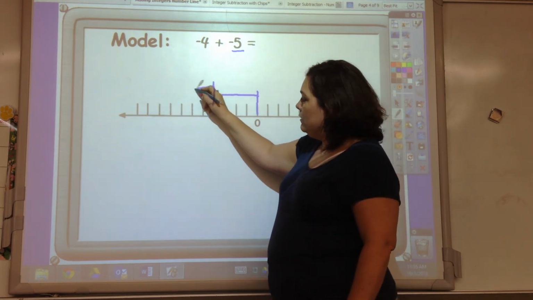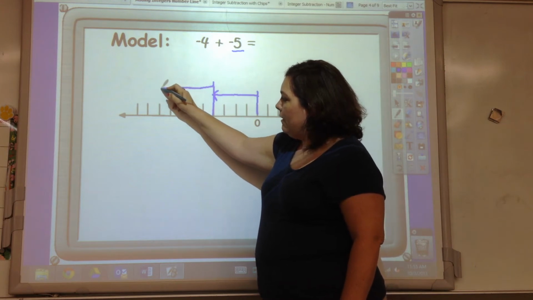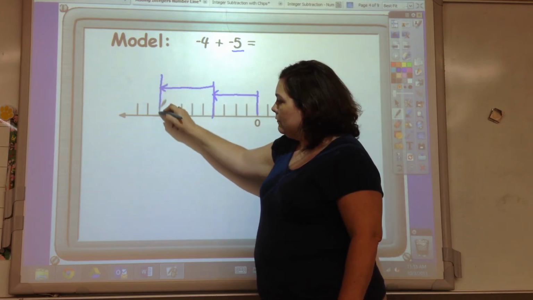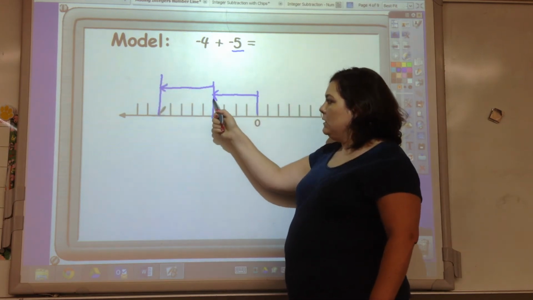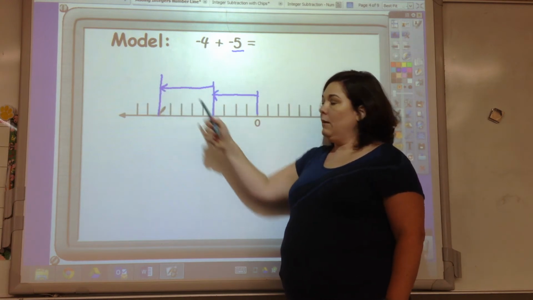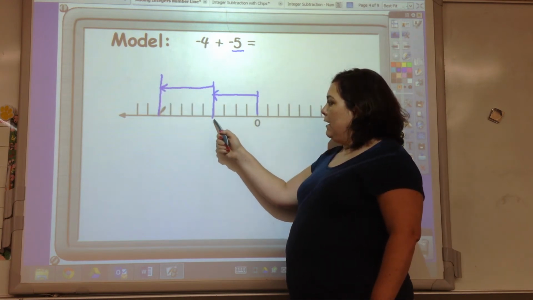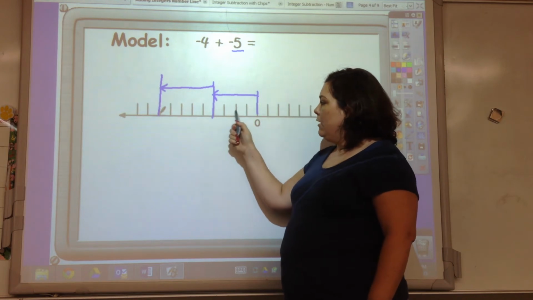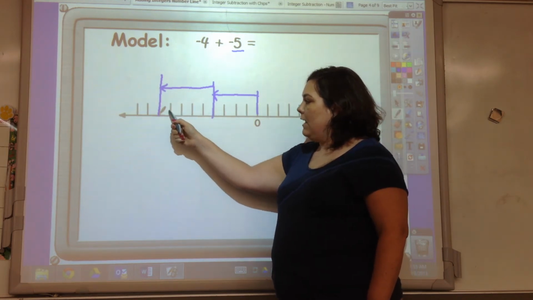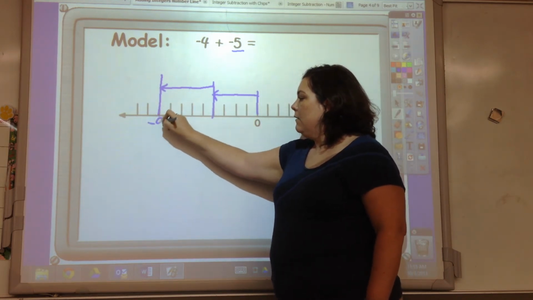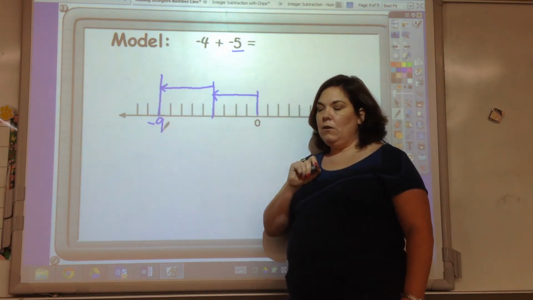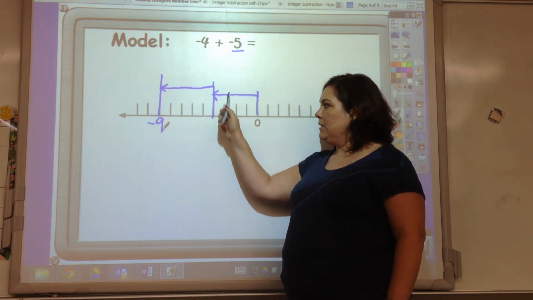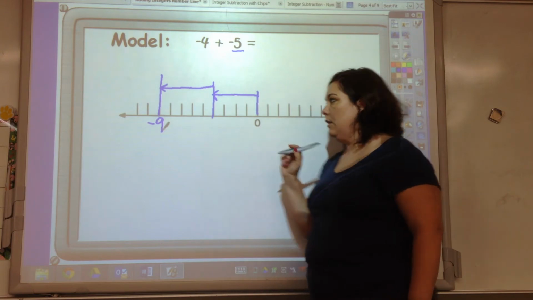So I go 1, 2, 3, 4, 5. And so I go -4 plus -5, 1, 2, 3, 4, 5, 6, 7, 8, 9. -9. Okay? So you understand this represents the first number, this represents the second number.